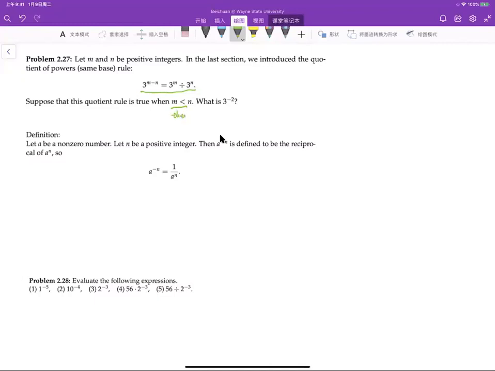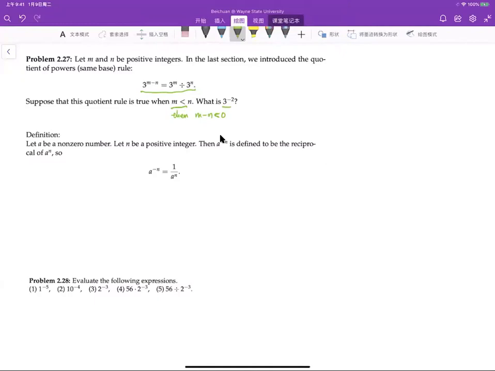So that means the exponent will be negative, and this is another way to define 3 to the negative 2. You can try the following.